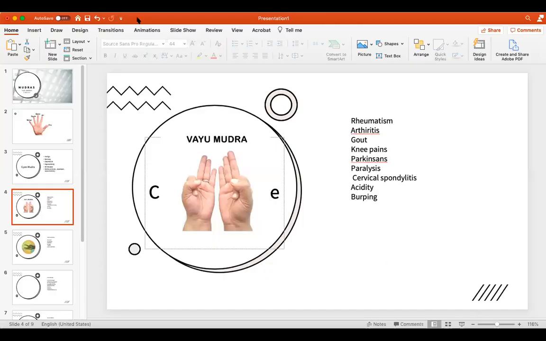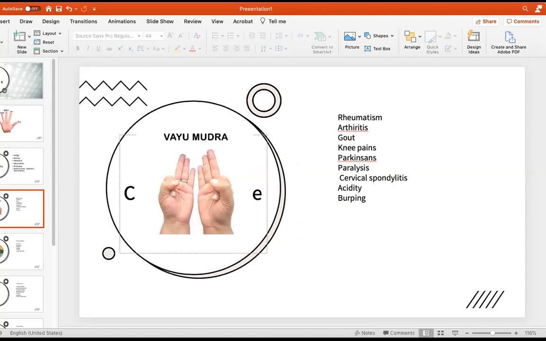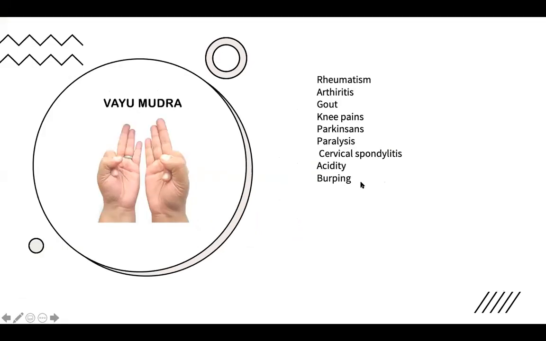The second one, which is very good for all kinds of joint pains, rheumatism, arthritis, and everything else, is the Vayu Mudra. Like this, both hands, controlling the air.